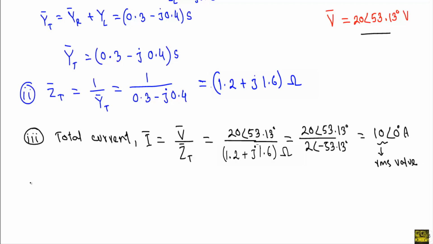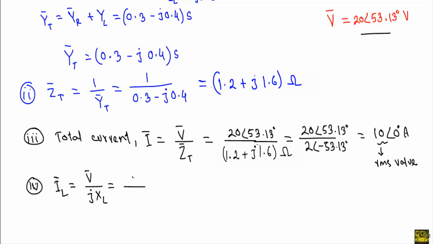Now see, we have to calculate the current through the inductor, which is IL. IL will be equal to, as it is a parallel circuit, the voltage across the inductor is V and the impedance of that branch is JXL.